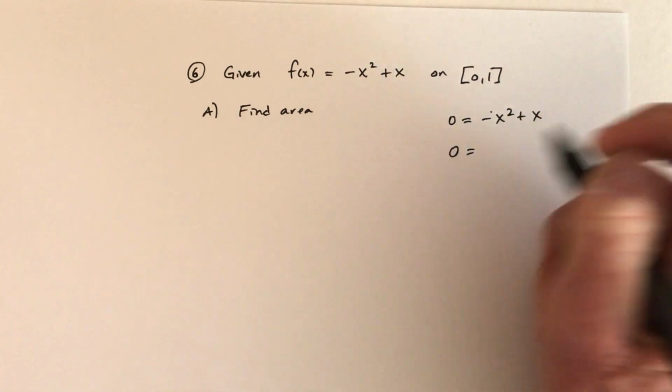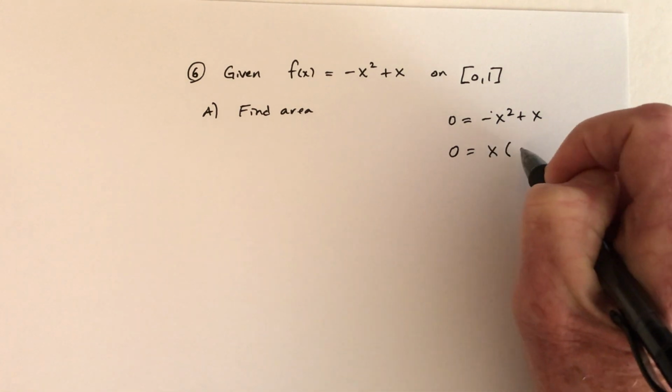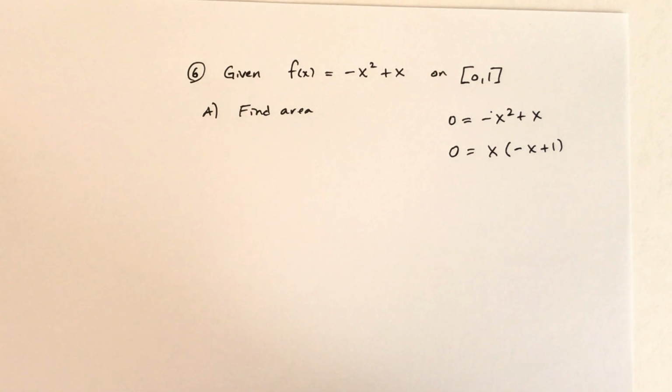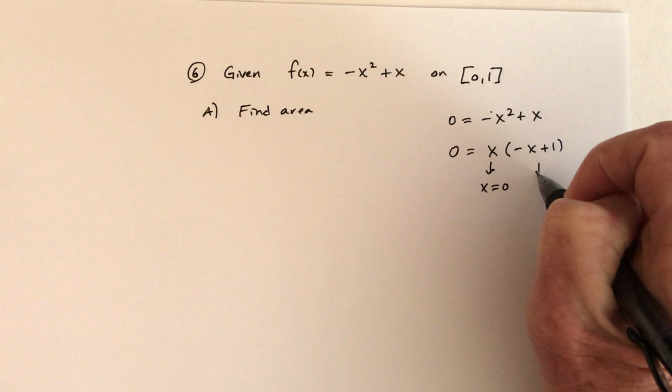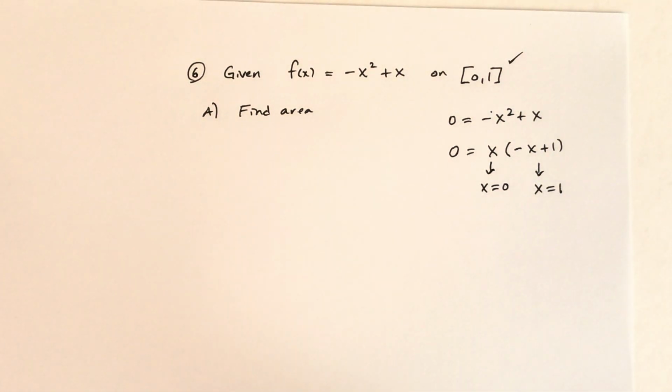And then either use the quadratic formula or factoring. I'm going to factor out an x. And then set this equal to 0. Set this one equal to 0. And then that's where I got the limits 0 to 1.